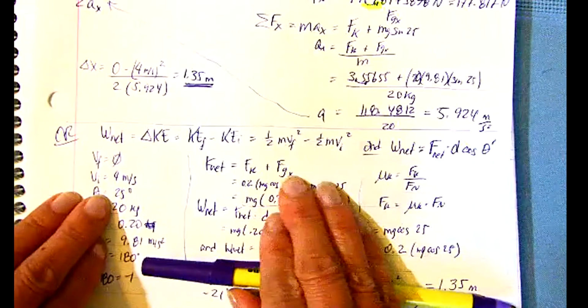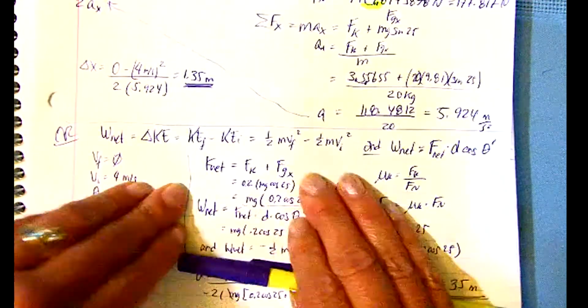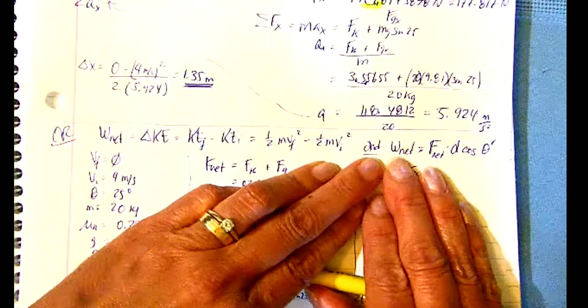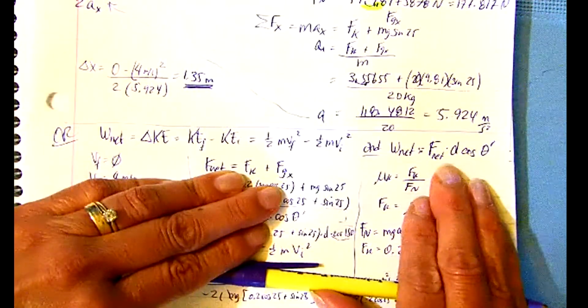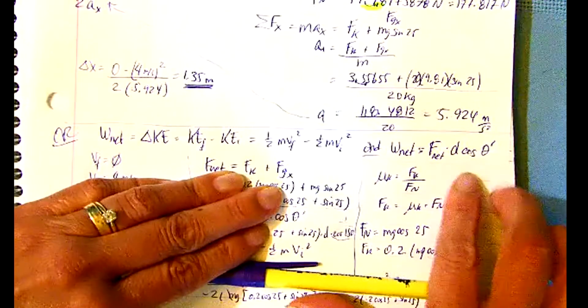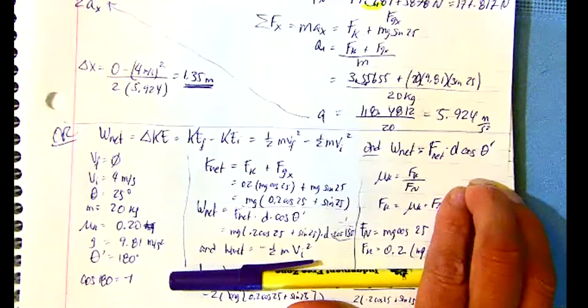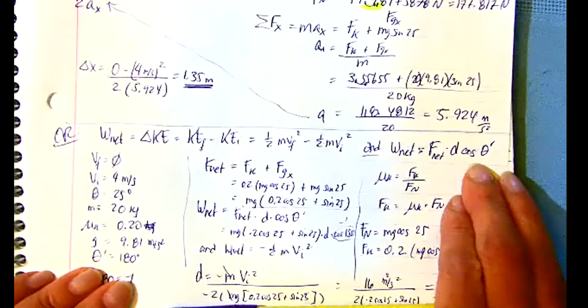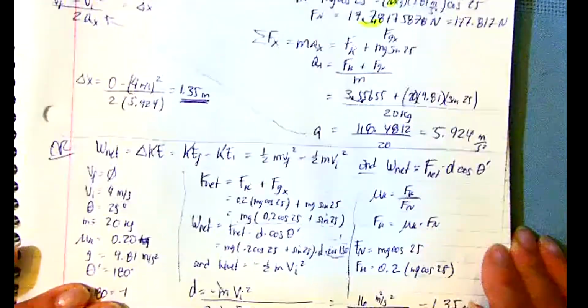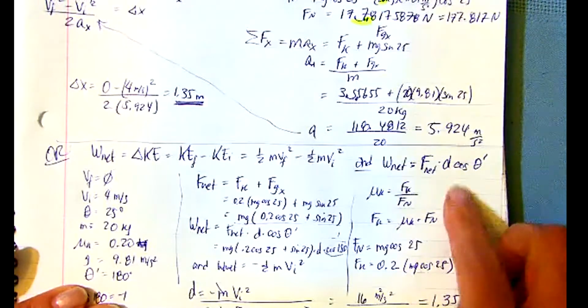Okay, but we also had to realize, the second equation, work net is the net force times the distance times the cosine. So we had to use this different angle, this cosine angle here. All right, we'll get to that because it's just going straight up. So there's no angle, so it's going to be 1.